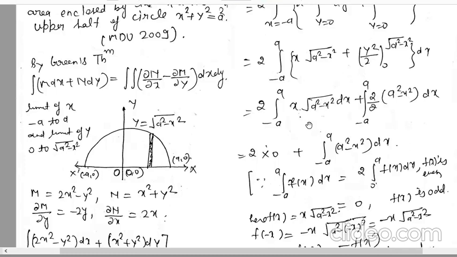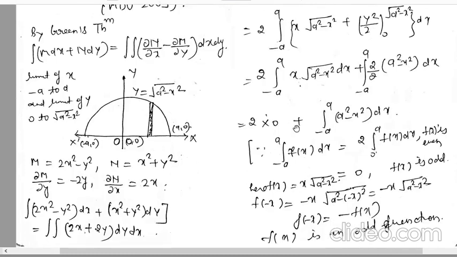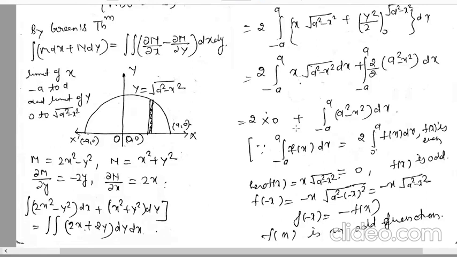So this first integral value is 0. Why is it 0? Because this is an odd function, right? The integral from minus a to a of f(x) dx is equal to 2 times the integral from 0 to a of f(x) dx if f(x) is an even function, and it will give 0 when f(x) is an odd function. So here f(x) is equal to x times square root of a square minus x square.